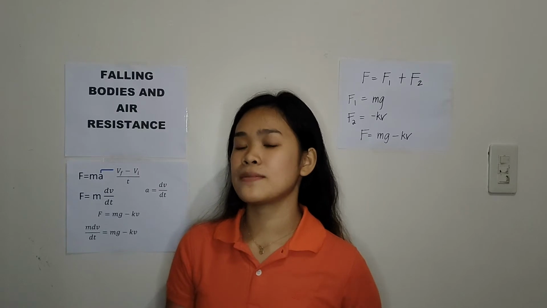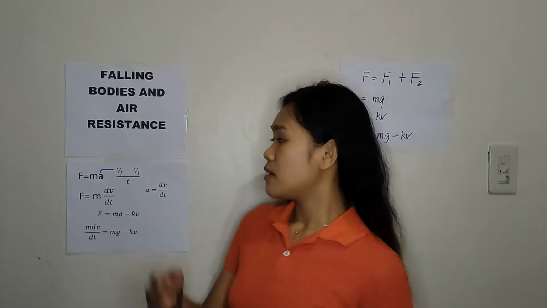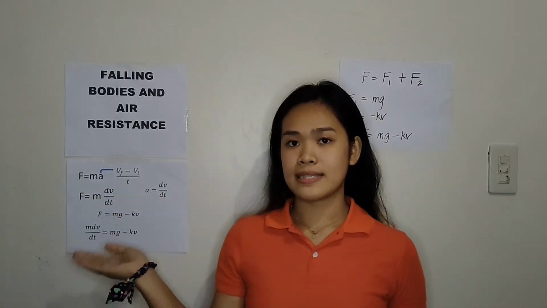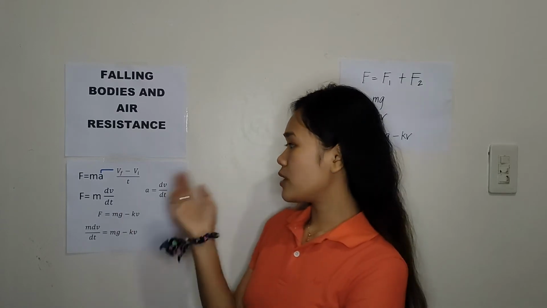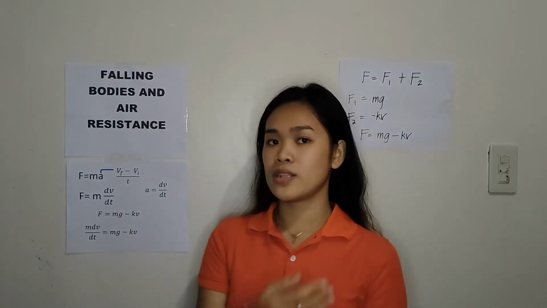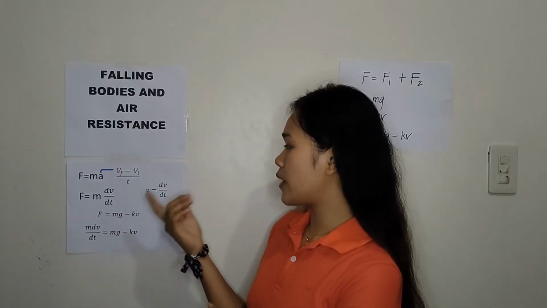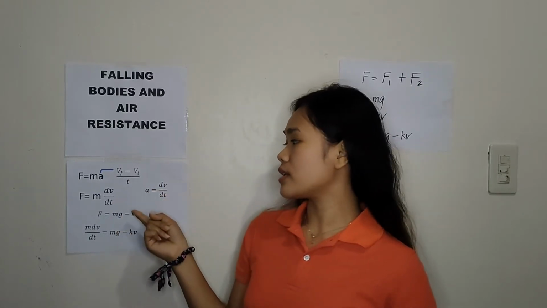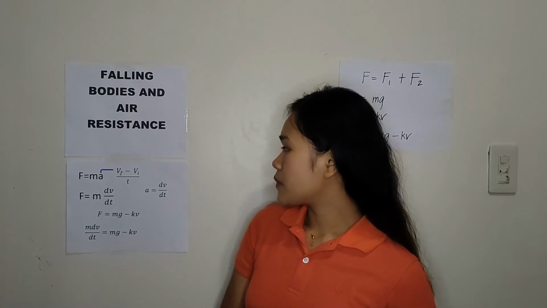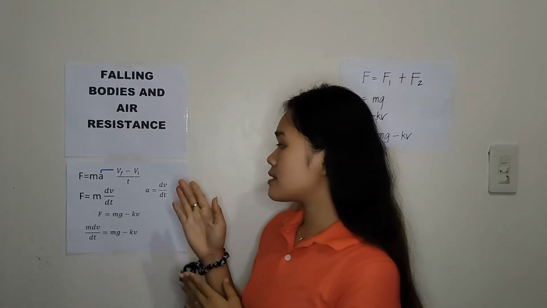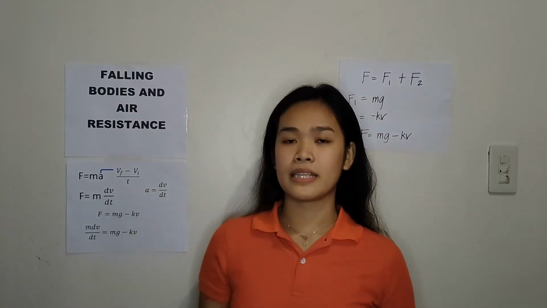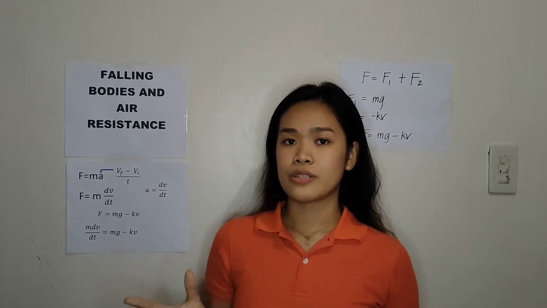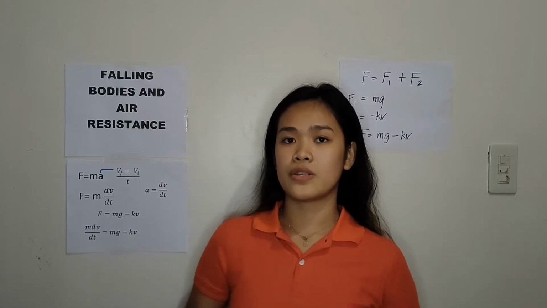So in physics, para makuha natin yung force, we need to multiply mass and acceleration. But to get the acceleration, we need to find also the final velocity and initial velocity, and also the time. So in this formula, makikita natin na may relation yung acceleration and velocity.